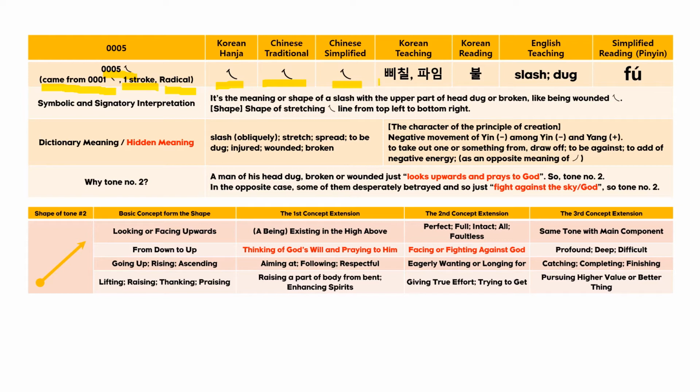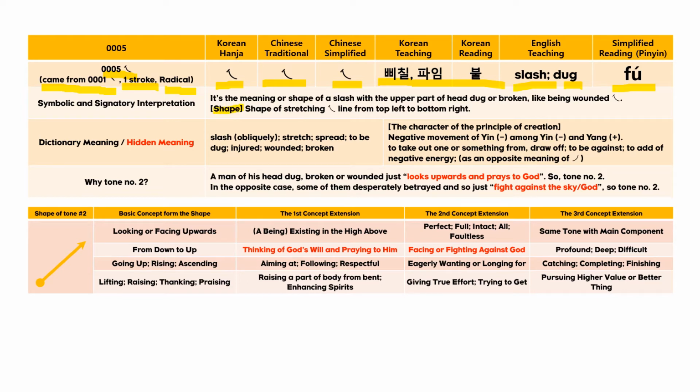In Korean language, 빛을 pine bull. In English, it's a slash dog. The Chinese pronunciation is fu. Yeah, you may have learned this character from the shape.